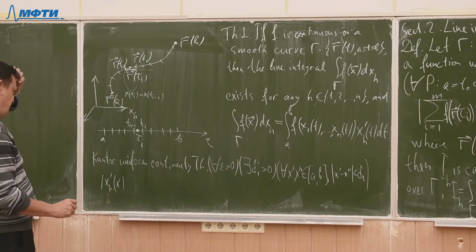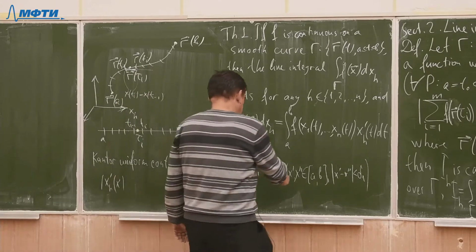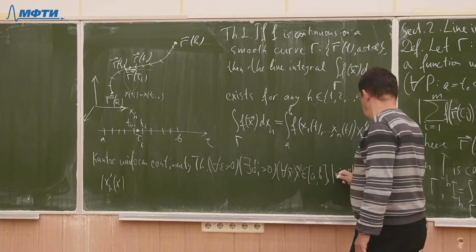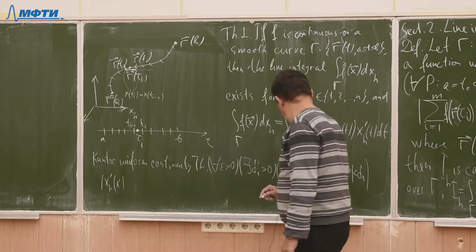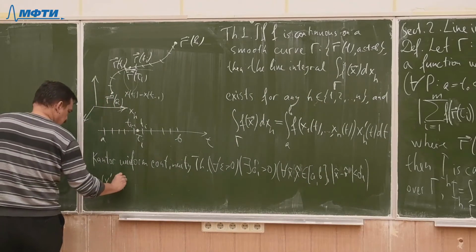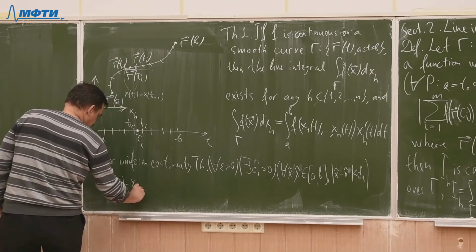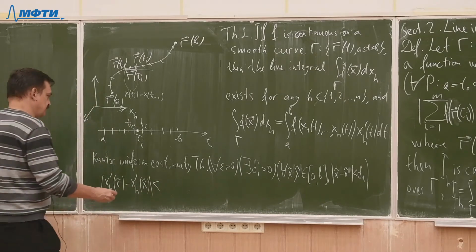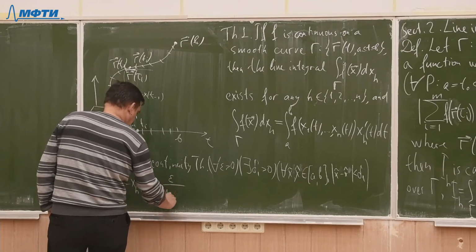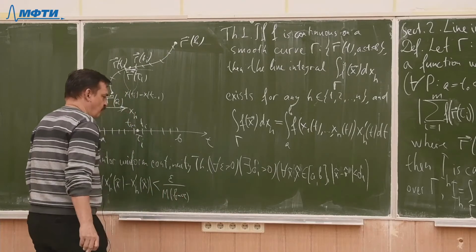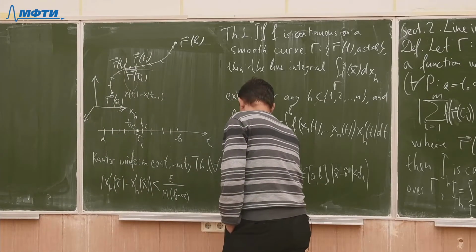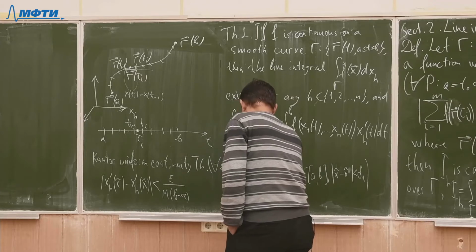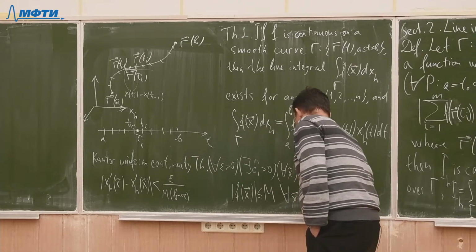x_h prime at x tilde minus x_h prime at x hat is less than epsilon over m times (b minus a), where the modulus of f of x is less than or equal to m for all x in gamma.